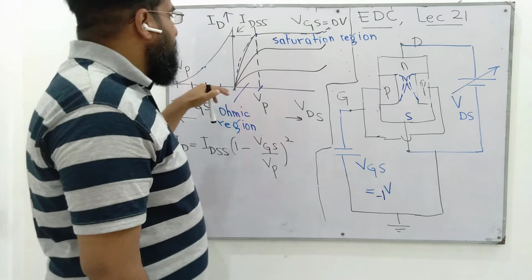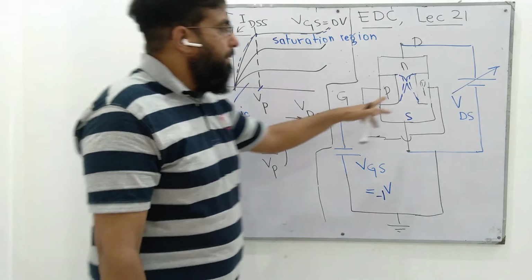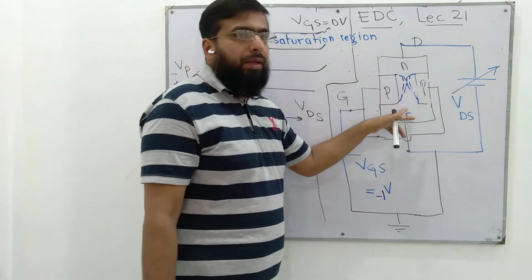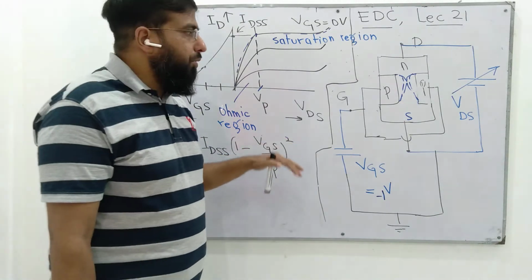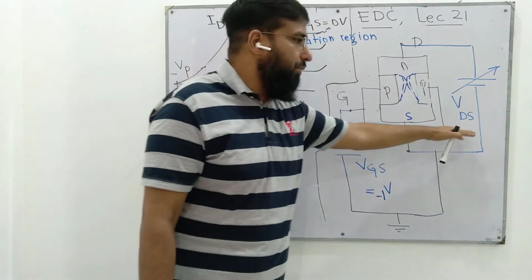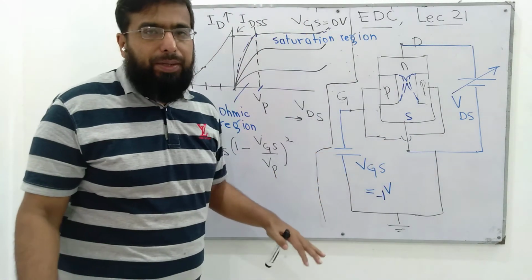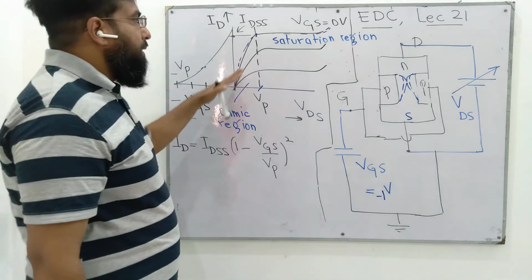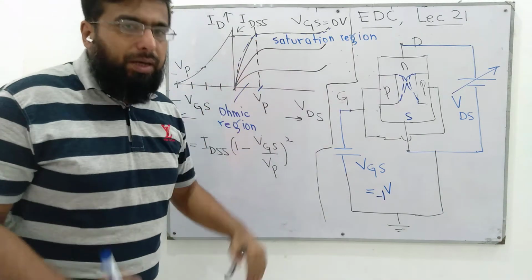But at the initial point, the PN junctions are more reverse biased because when VDS is 0, we already have a reverse bias of negative 1 volt. This means the saturation region will come earlier.